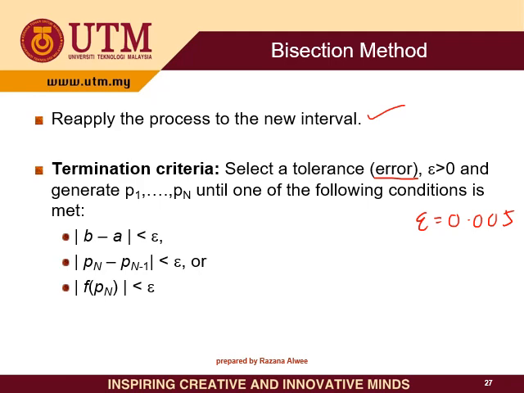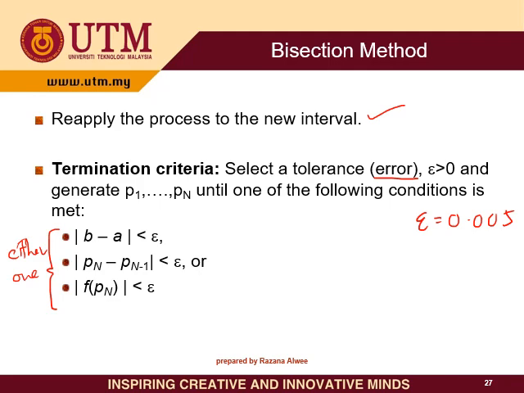So let's say here we have the example, either one is enough. Either one. It doesn't mean all, either one. If the first one is okay and satisfies the error, then you can stop, even though the second and the third one still do not satisfy the error.